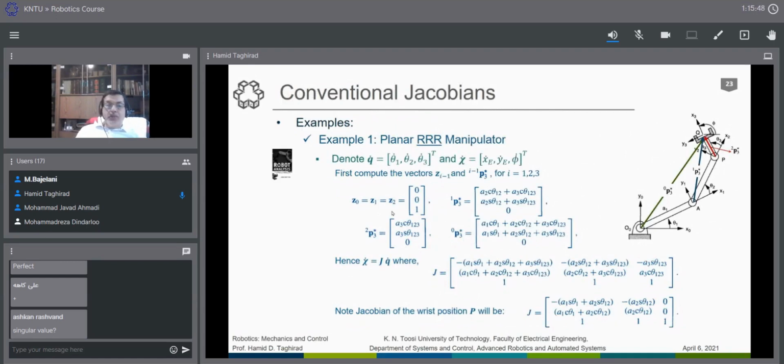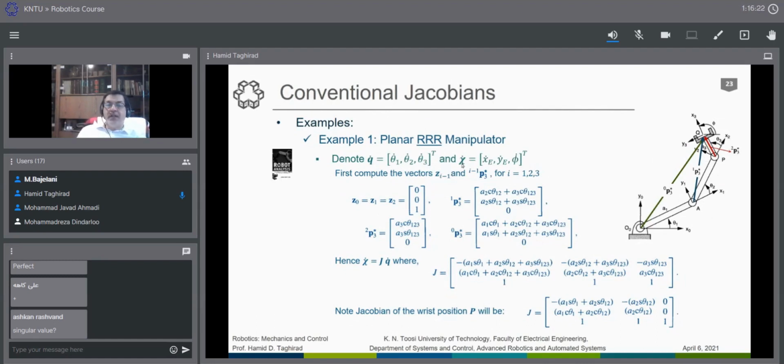The first and most important example is a 3R, an RRR, and here I have put the important part of the vectors in red, blue, and green, so that you can easily find them. For the RRR, we have 3 joint variables, theta 1, theta 2, theta 3. It is a planar case. All of them are along a z-axis, which is out of the plane.